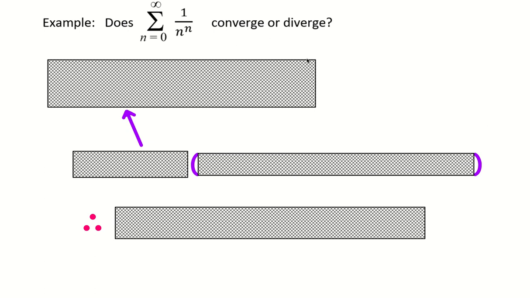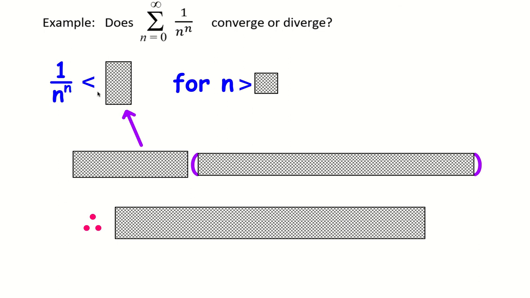So, another example here. I know I'm throwing a lot of different pitches at you. You know what I mean? But here we go. So 1 over n to the n.